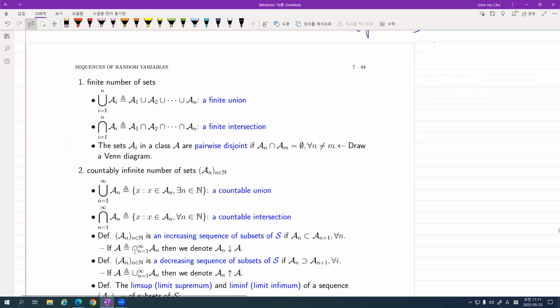Before I talk about the Borel-Cantelli lemma, we need some strange notations, or to some of you, familiar notations like this. First, we have, this could be understood as a set or event. And here you have a sequence of sets or events. And what would be this?